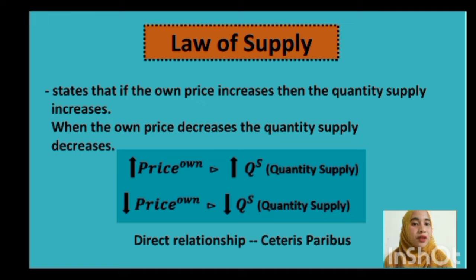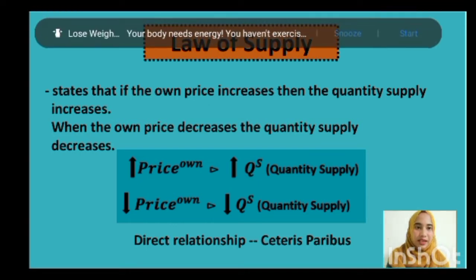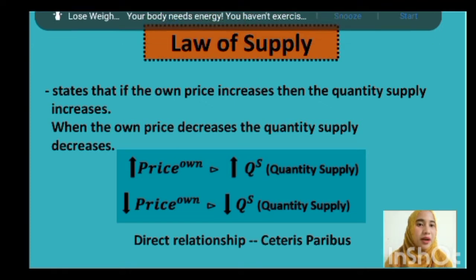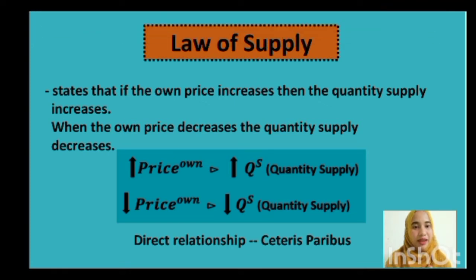So if the price is increasing in the market, then from the perspective of the supplier side, we must also increase the quantity supply. While when the own price is decreasing, the quantity supply will also be decreasing.